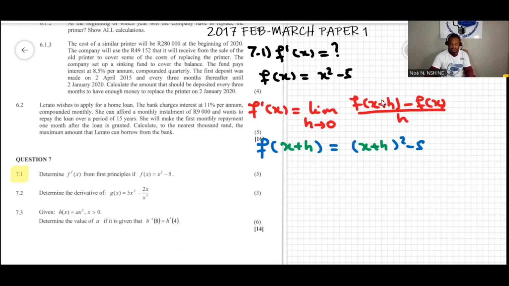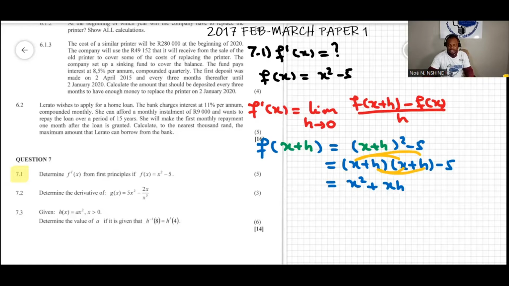Now, I prefer to expand this, so this will be x plus h times x plus h, minus 5. Here we do x times x, x times h, and h times x, and h times h. So x times x means x squared, x times h means xh, h times x is still xh, and h times h means h squared, minus 5.